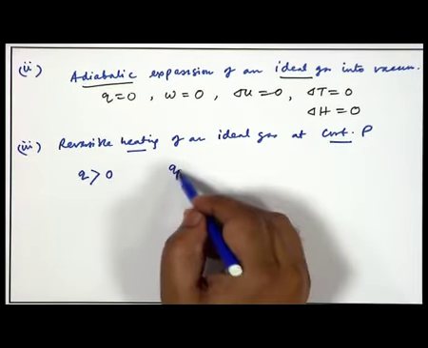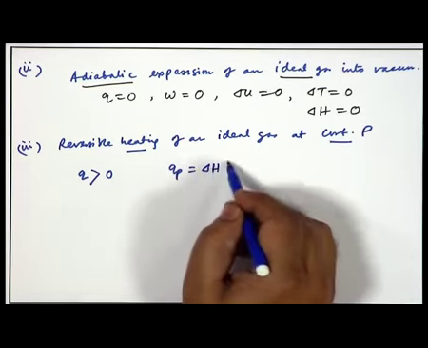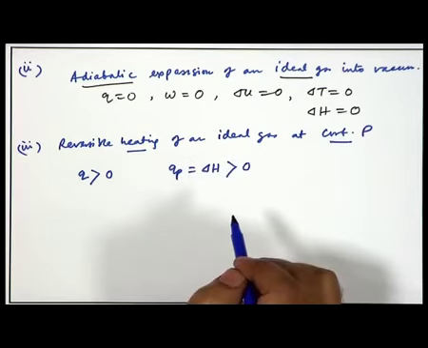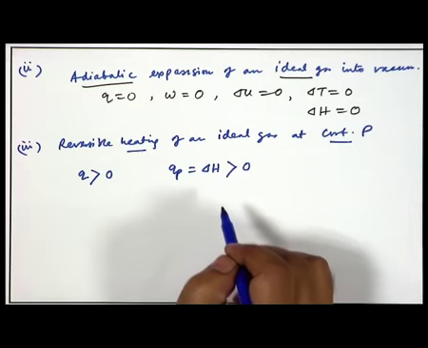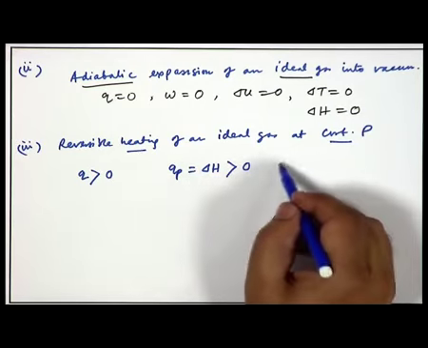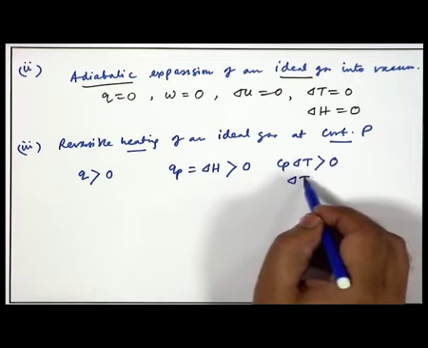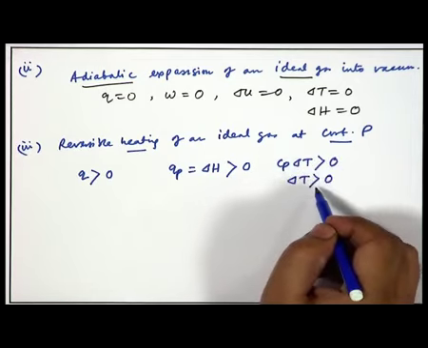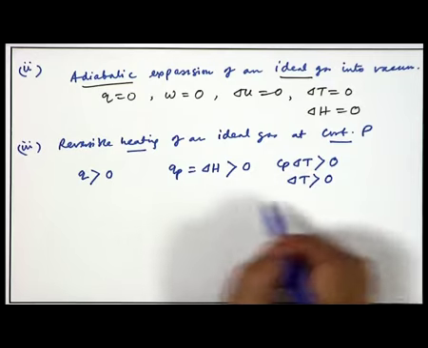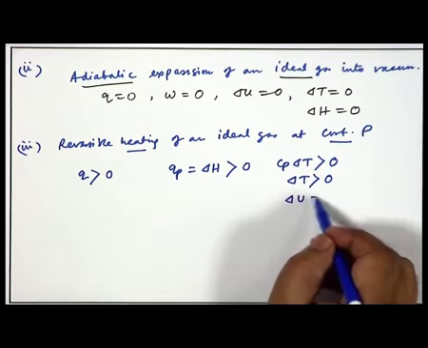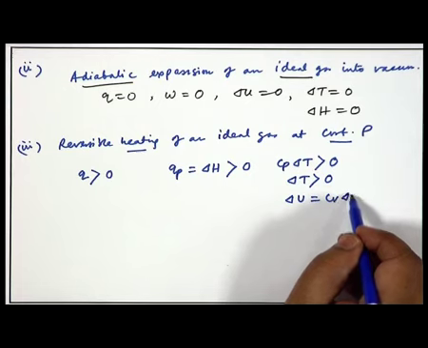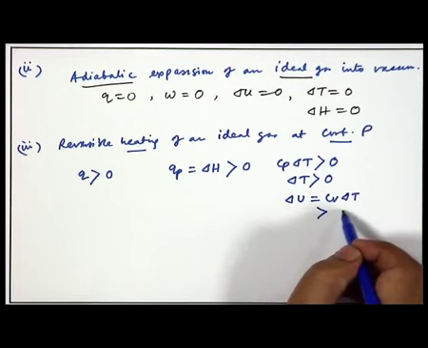So, Q_p, which is del H, must be greater than 0. Ideal gas, hence C_p del T must be greater than 0, hence del T must be greater than 0. If del T is greater than 0, del U, which is C_V del T, must be greater than 0.